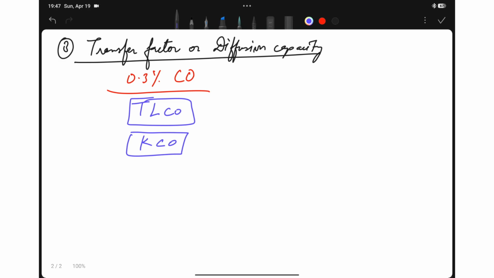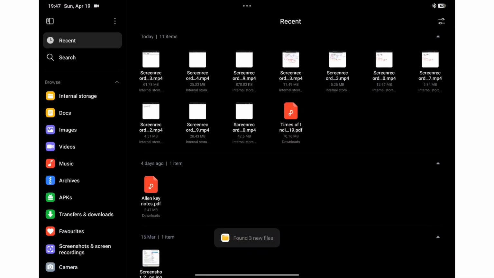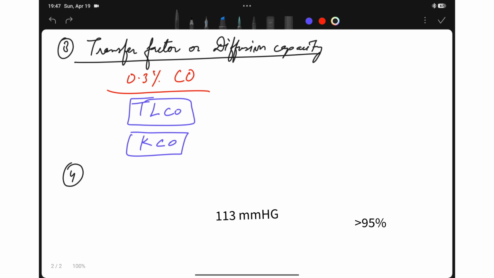Then we move on to our fourth point, which is arterial blood gas analysis and oximetry.